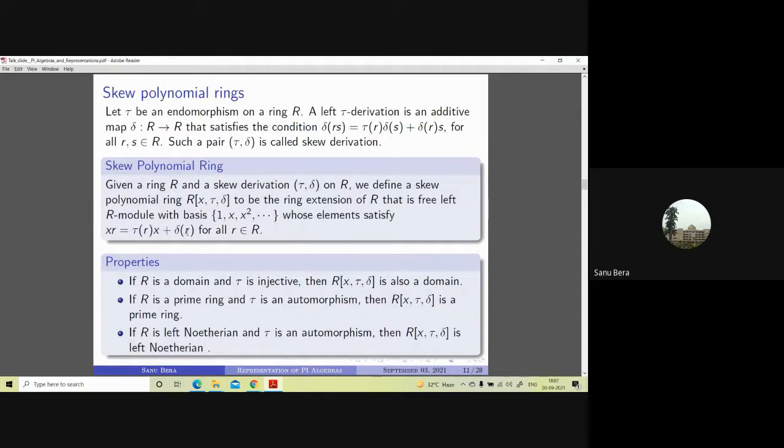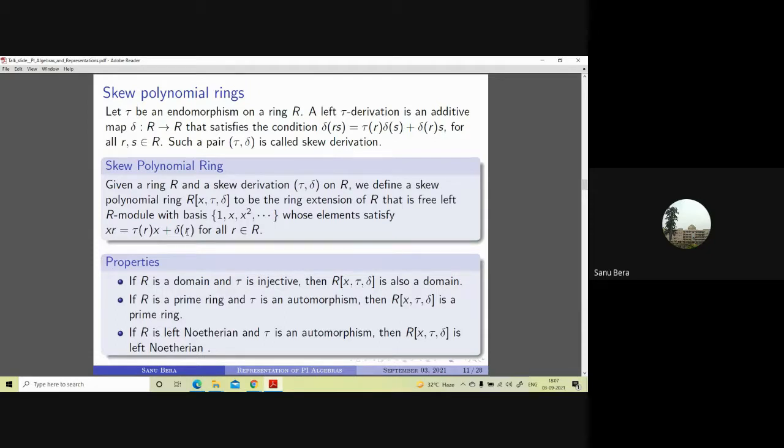Next, we will define a presentation of rings, which is a skew polynomial ring. Sometimes a quantum algebra can be presented in this way, and this presentation gives us lots of ring theoretic properties easily, whether it is Noetherian or not, or prime or not.